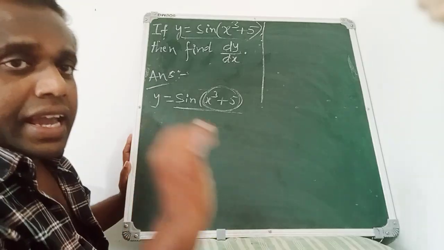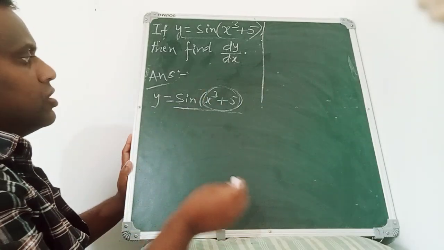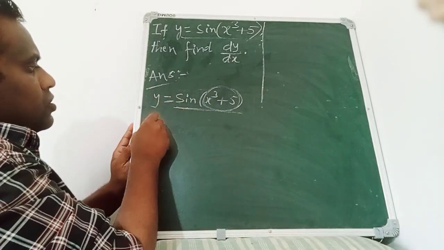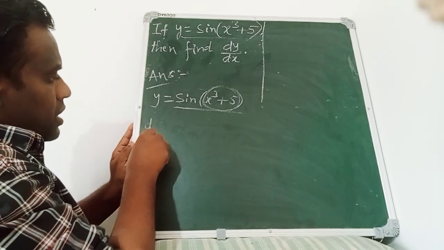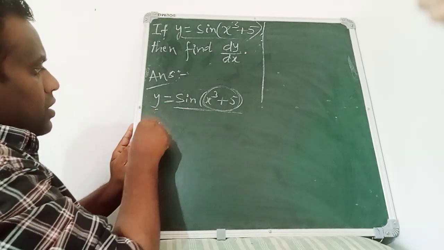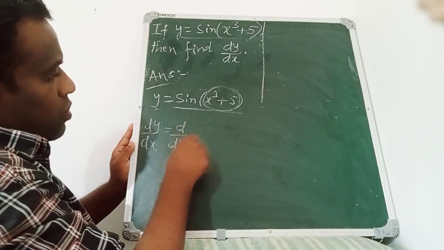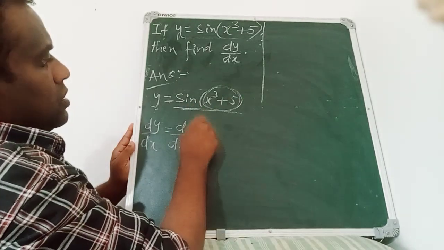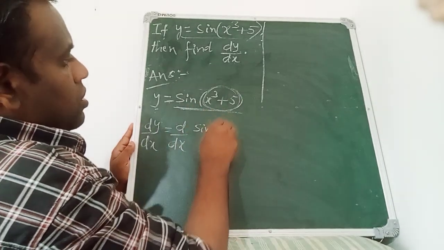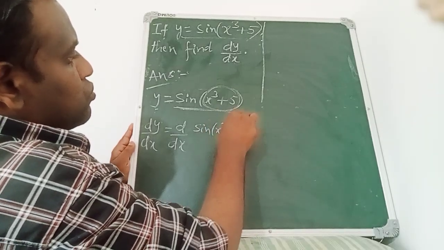That means take d by dx on both sides of the equal sign. So d by dx of y is equal to d by dx of sine of x cube plus 5.